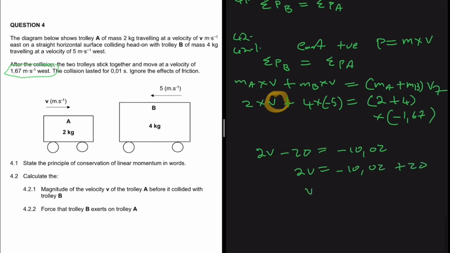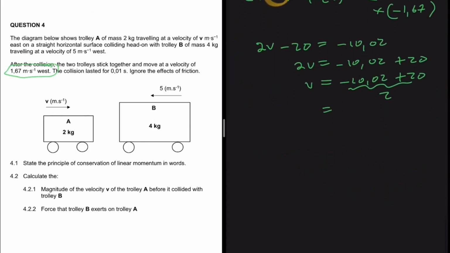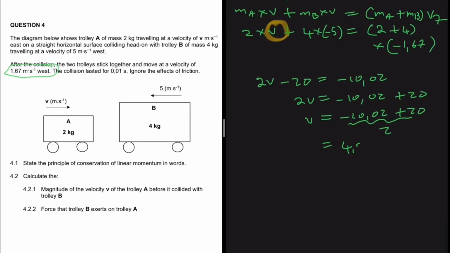So V will be equal to minus 10.02 plus 20, everything divided by 2. And the answer is 4.99 meters per second. We know that positive is to the east, right? So we can write here and say to the east. If the value was negative, then we would know that that velocity is to the left.